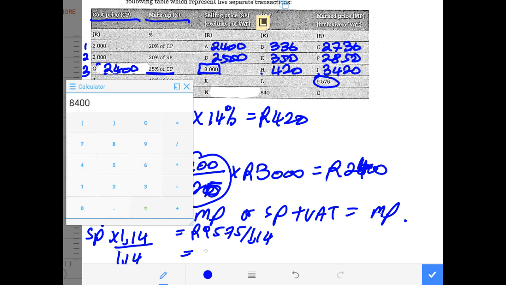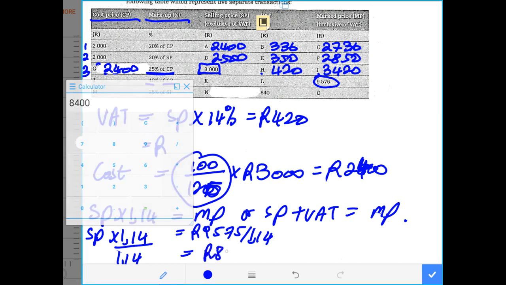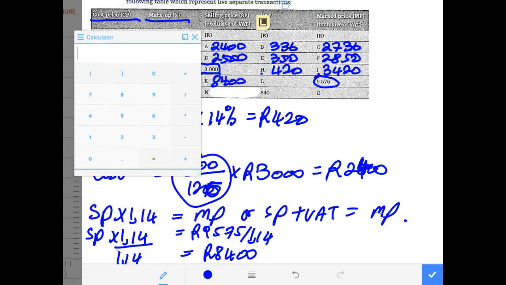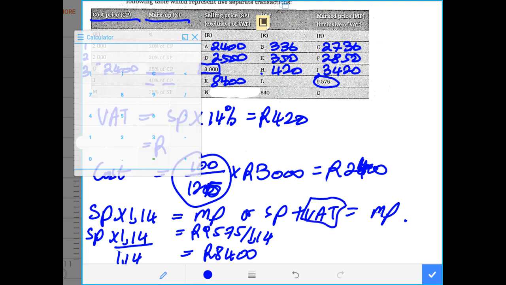That will be 8,400. So my selling price is 8,400 rands.